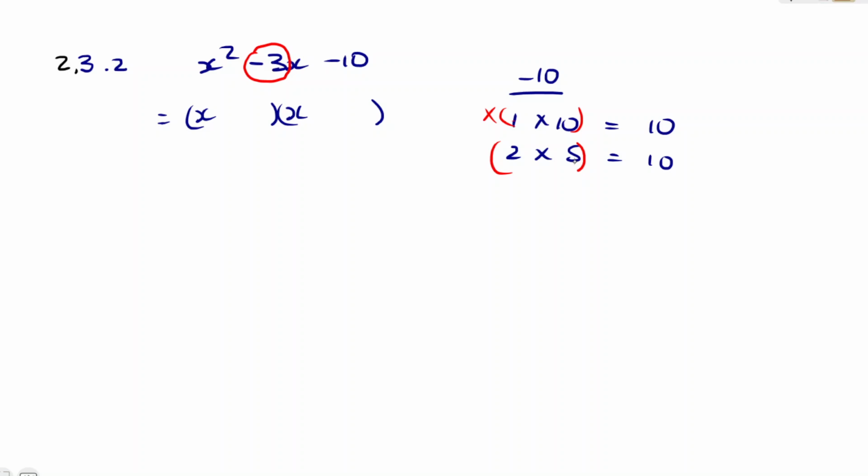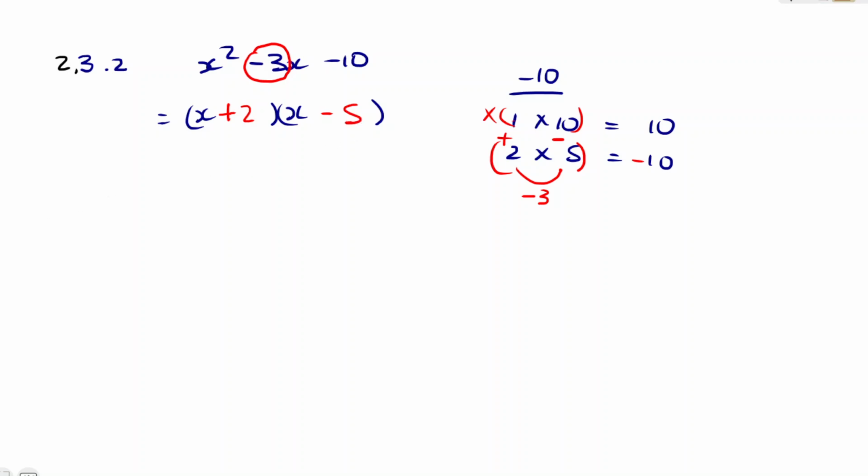So to get a negative 3, the bigger number must be negative, the smaller number must be positive. If you multiply these two terms, it will give you negative 10. But if you add these two, it will give you negative 3. So we get both the middle term and the last term. So we're going to make the first bracket positive 2, the second one negative 5.